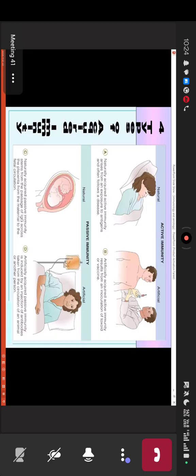After that, B cells start producing plasma cells and memory cells. On the other hand, T cytotoxic cells start producing memory cells and T lymphocyte cells. Plasma cells start producing antibodies and memory cells start memorizing the structure of that antigen.